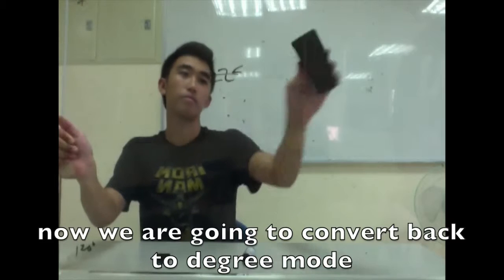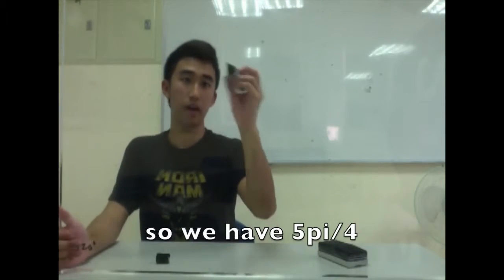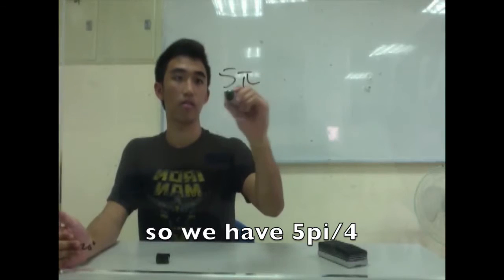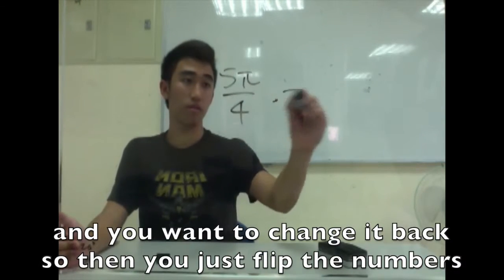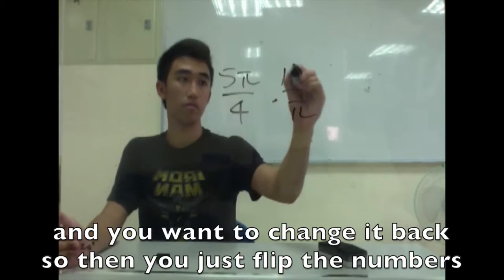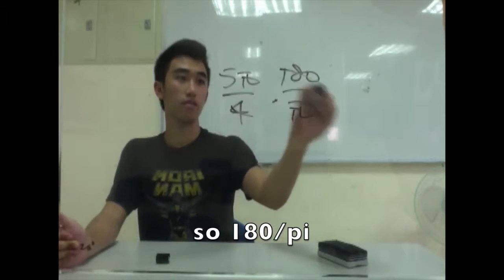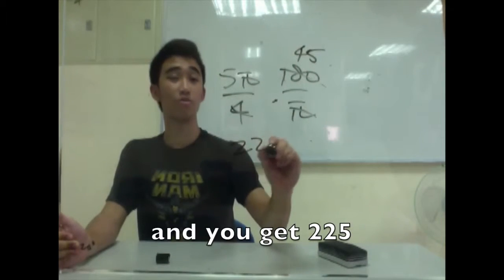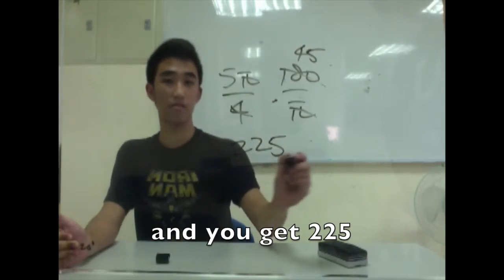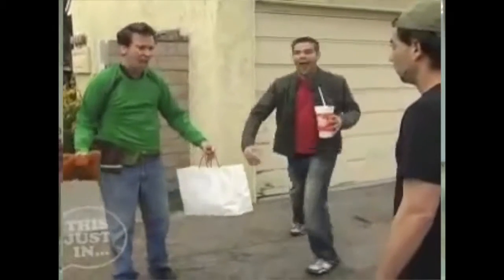Now we will convert back to degree mode. We had 5 pi over 4, and to change it back you just flip the numbers: 180 over pi. Cross out, and you get 225. Amazing. Math is magical.